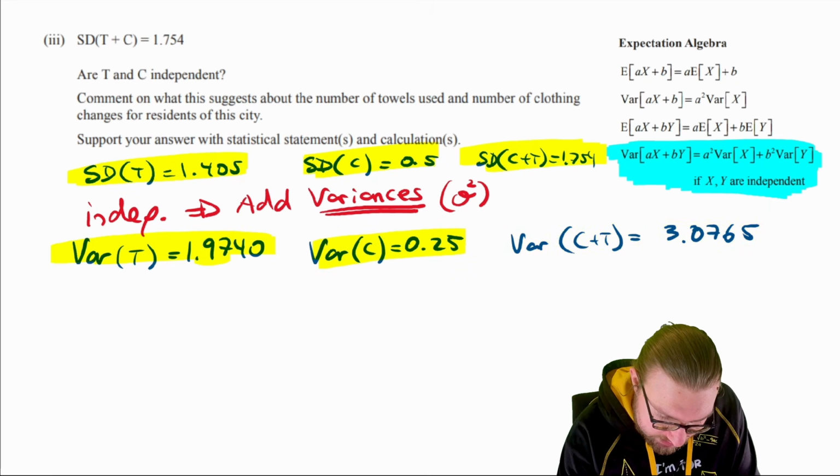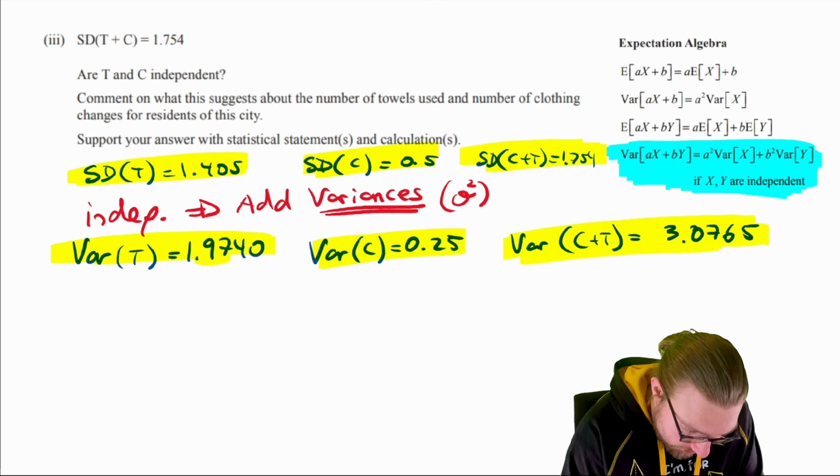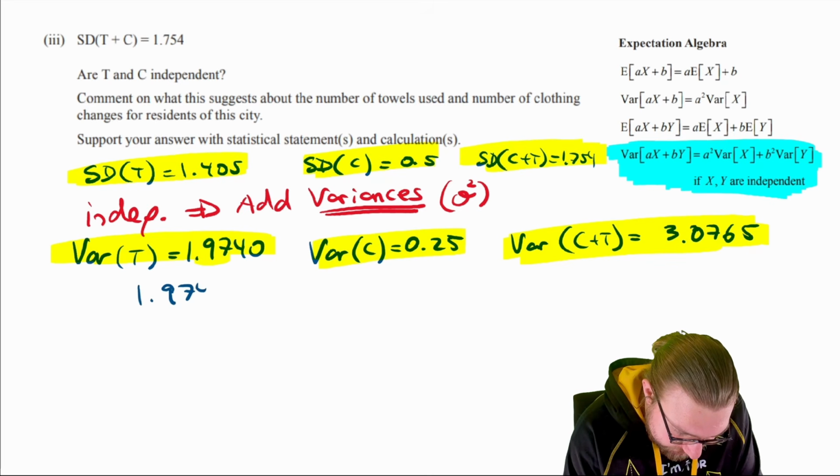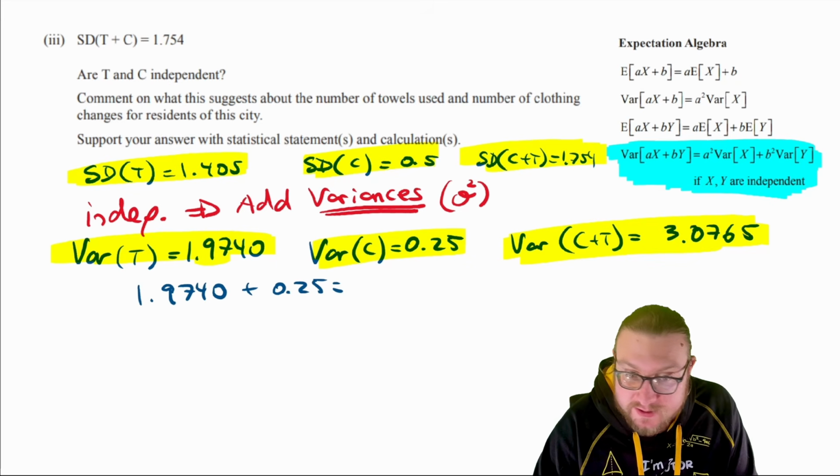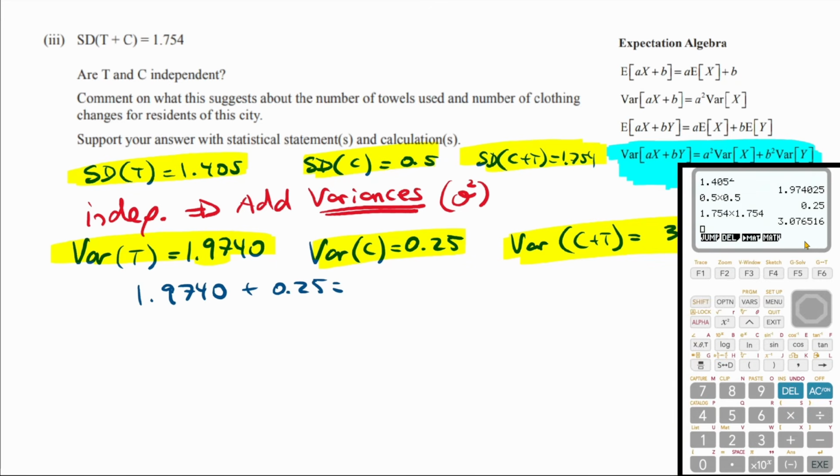We add them together: 1.9740 plus 0.25 is 2.224. But for the combined variance, we get 3.0765, and they're clearly not the same.